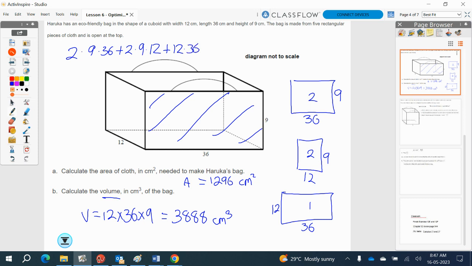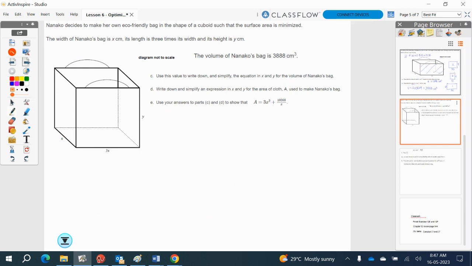So when it comes to calculating the surface area in terms of this shape, this front face, what is the area of the front face? We've got 3x times y.